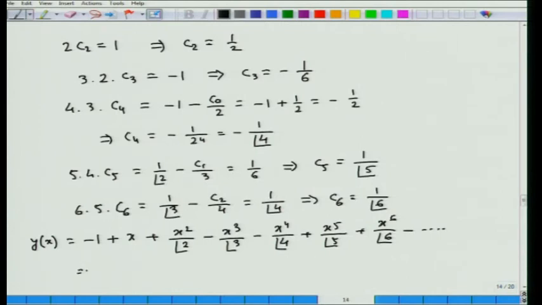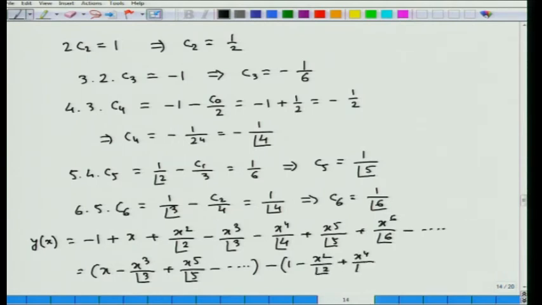Then we can rearrange the terms as x minus x cubed by factorial 3 plus x to the power 5 by factorial 5 minus dot dot, and then minus 1 minus x squared by factorial 2 plus x to the power 4 by factorial 4 minus x to the power 6 by factorial 6 plus dot dot up to infinity.